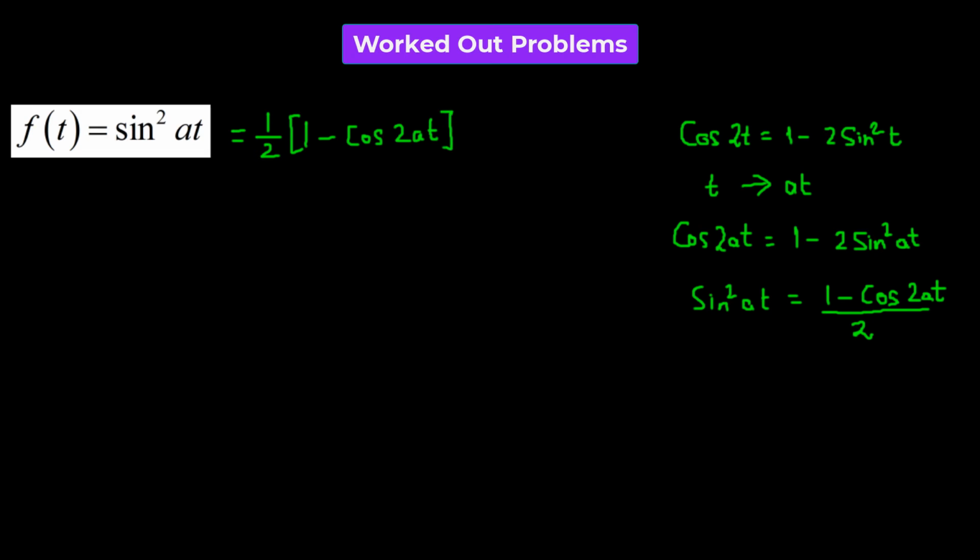So let's try to find the Laplace transform of the given function. So Laplace transform of f of t will be equal to half multiplied to the Laplace transform of 1 minus the Laplace transform of cosine of 2at.